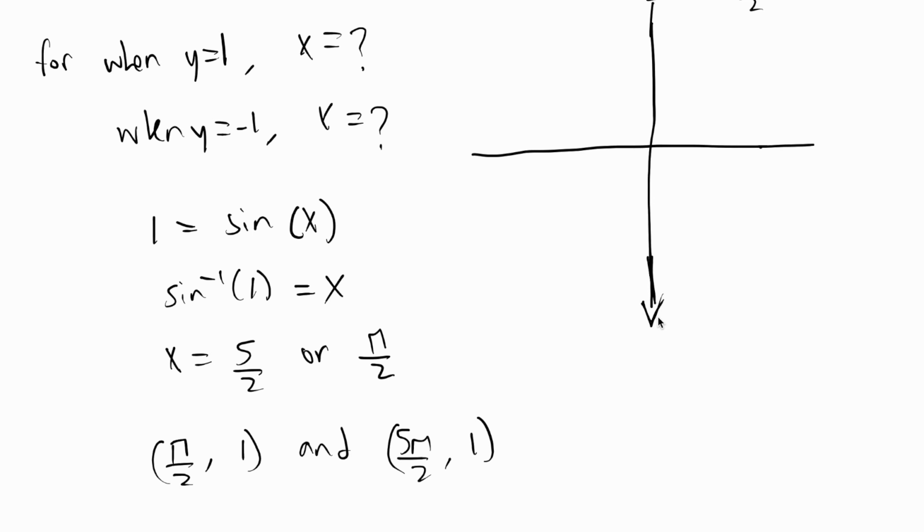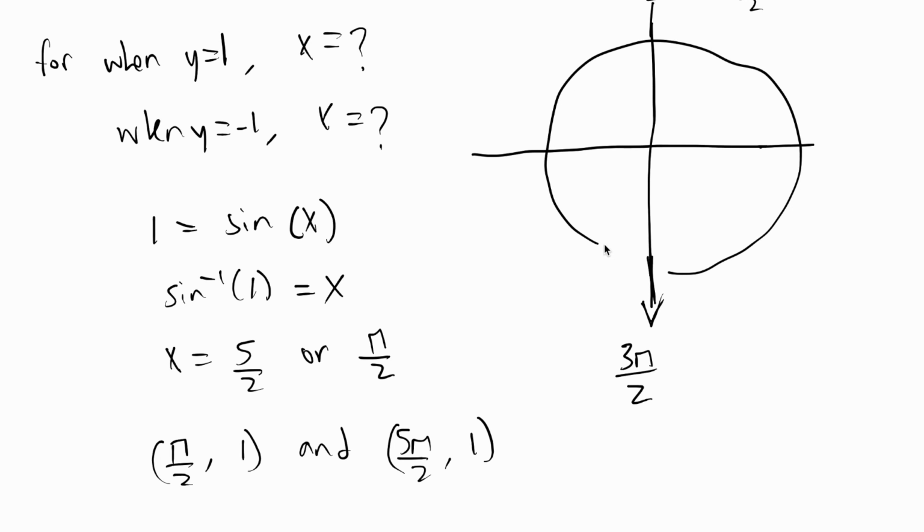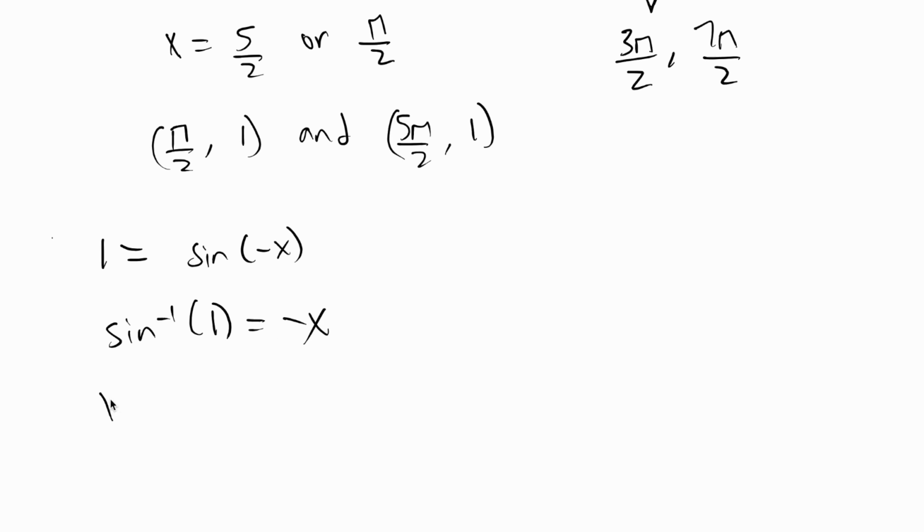Whenever it lands on this bottom part of the y-axis, it's going to give us a negative. And we know that this is 3 pi over 2, but we have an interval of up to 4 pi, so we can take another full rotation, which is plus 2 pi. So it can also be 7 pi over 2. That could also work within this interval. So x can be equal to 3 pi over 2 and 7 pi over 2.